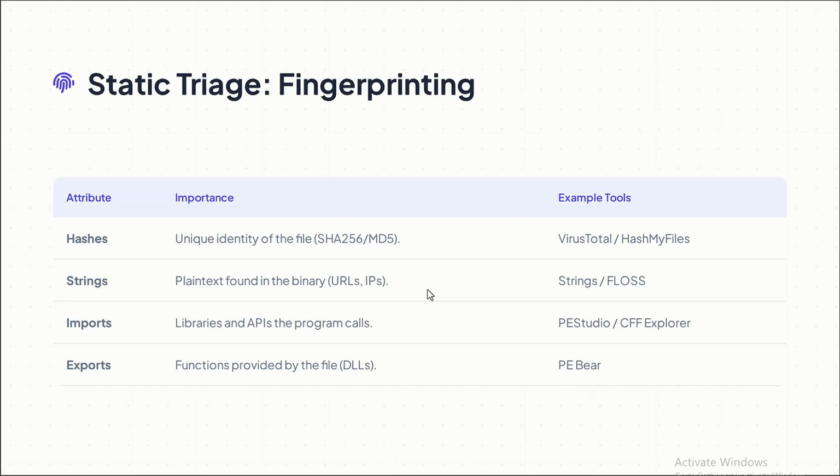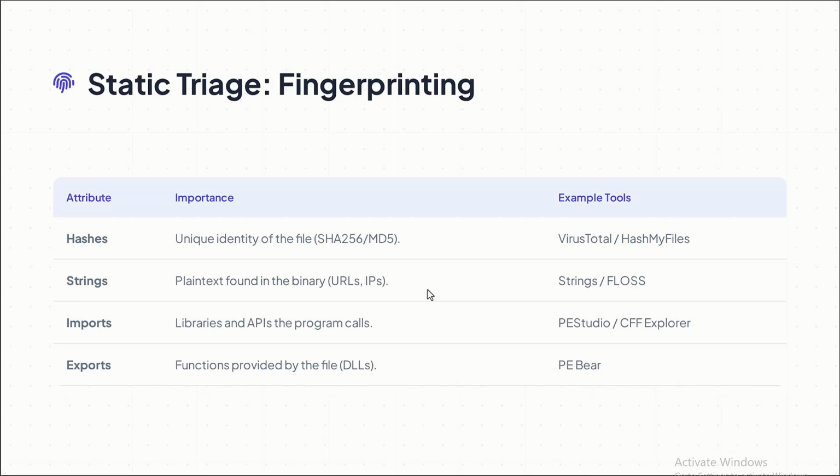Hash collision is basically when two files have the same hash. The typical tool for hashes is VirusTotal, to search for any malware samples or binary files that were already uploaded into VirusTotal.